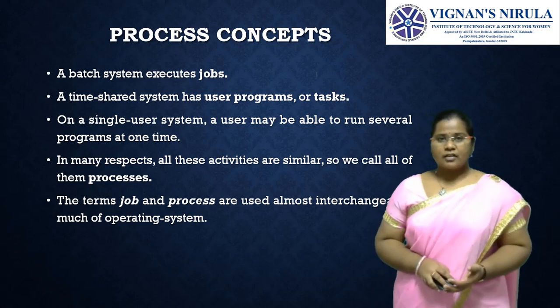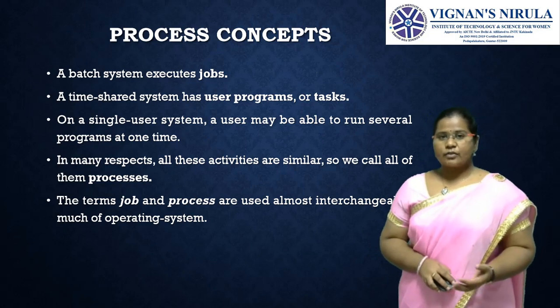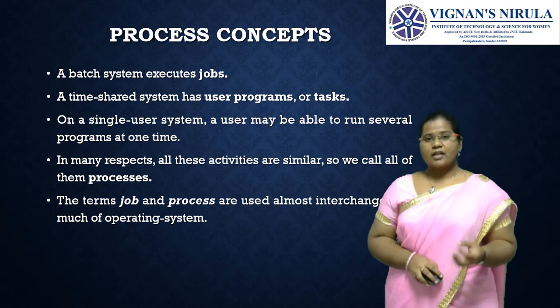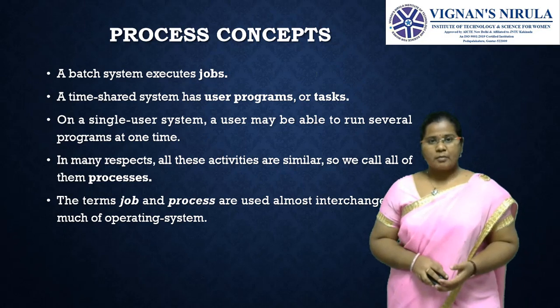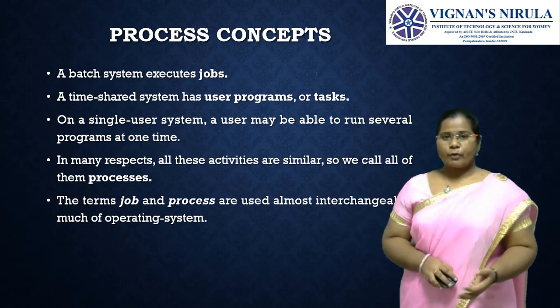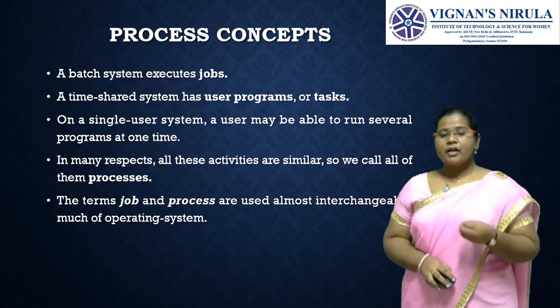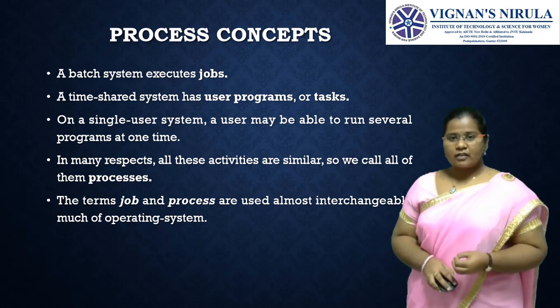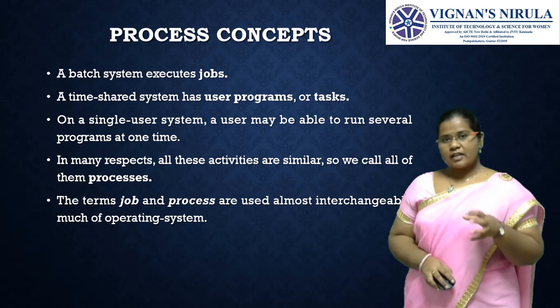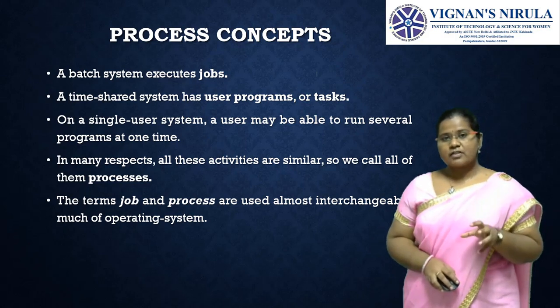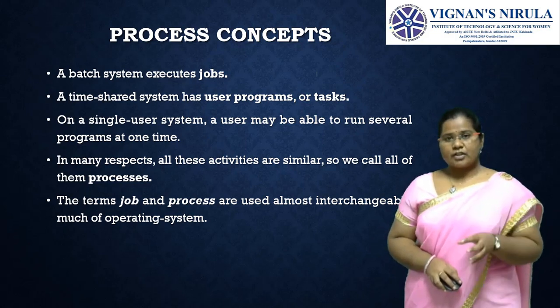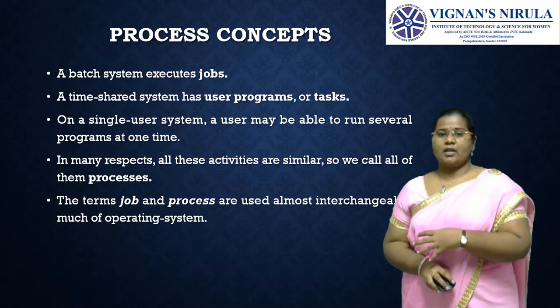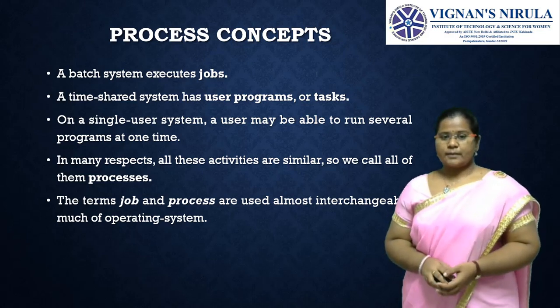If you try to run a job, you will compile it, and when you try to execute, it should be brought into main memory. If you write a program, you have to compile it. After compiling, when you run that program, that .exe file, the object file created by compilation, should be brought into the main memory in order to execute.